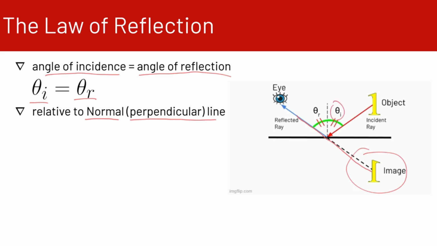The incident angle and the reflective angle are the same. We have the object here, we have the image, and the line from the reflected ray goes straight through the mirror to the image. Notice that the two angles are identical.